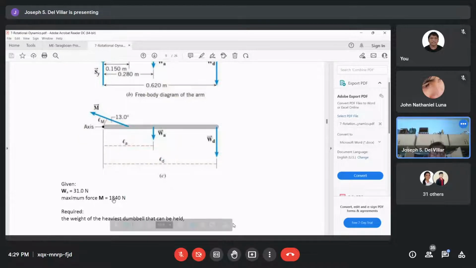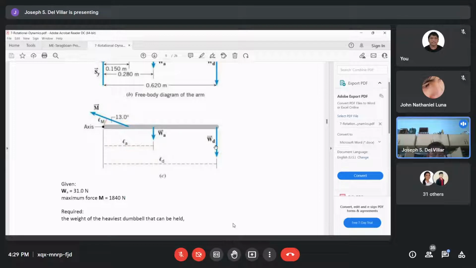WA is given, 31 newtons. That is given, the weight of the arm. So, no problem, right? Minus 31 times 0.28 minus WD times 0.62. Okay? WD is unknown because it is one of the things we are asked to find.